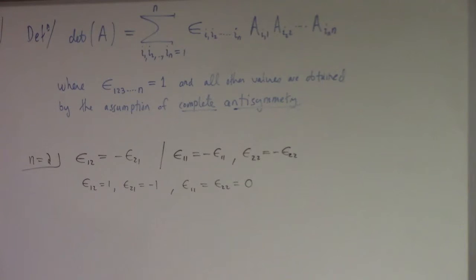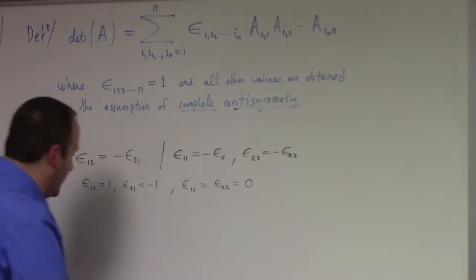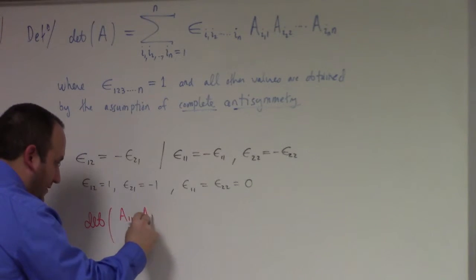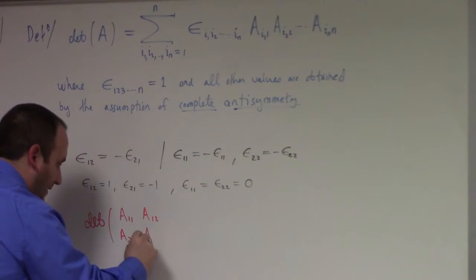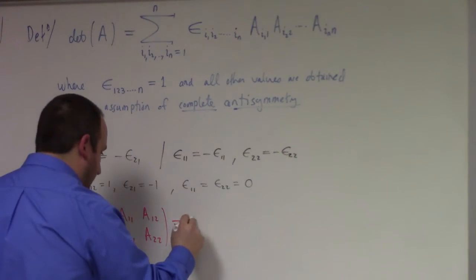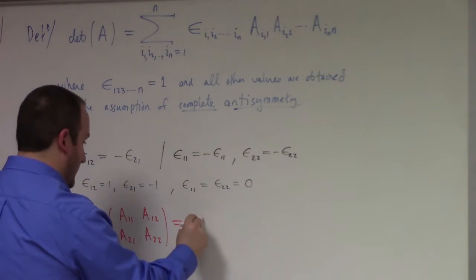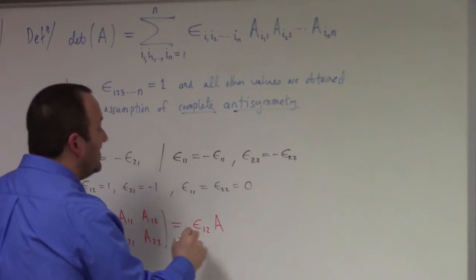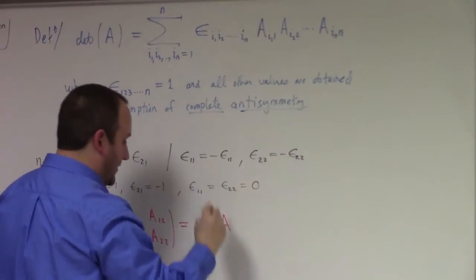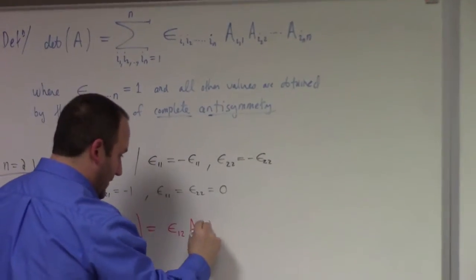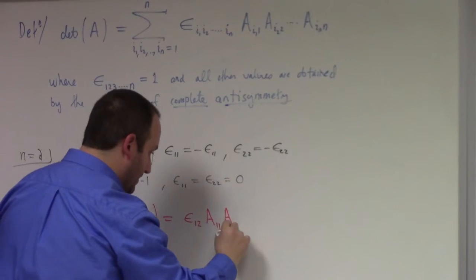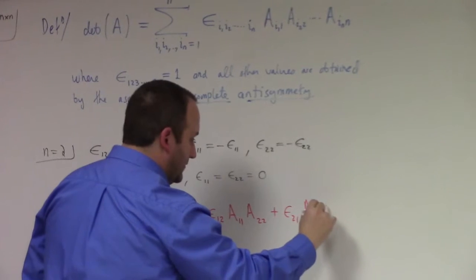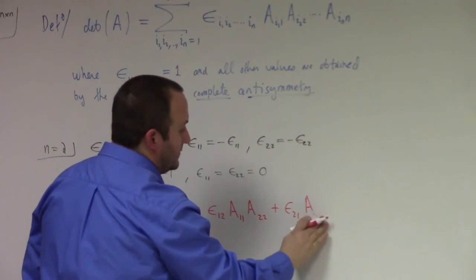That's it. Just to complete the thought here, if I have the determinant of A11, A12, A21, A22, I get what? Epsilon 1, 2, see how they match? So A11 A22, plus epsilon 2, 1, A21 A12. Oh, I'm sorry, the other way around, my formula.